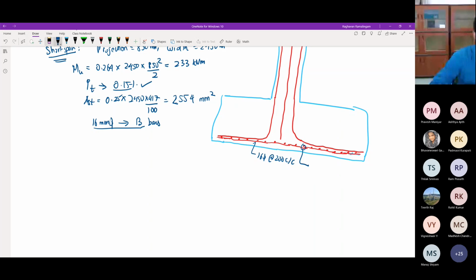That's 13 bars, not B. Oh, okay. And this is your column reinforcement. I think it was given as 6 numbers of 25 mm bars.